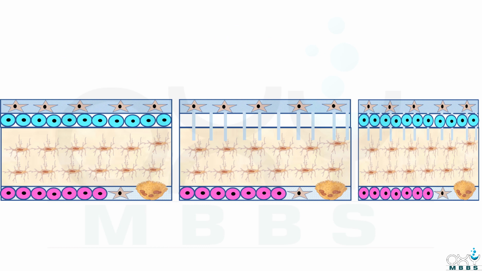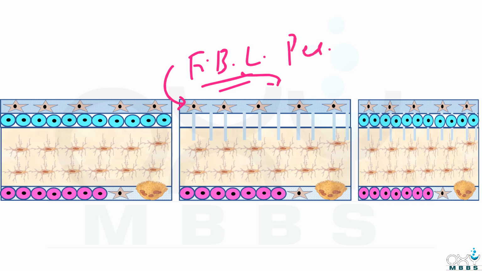Now as you know, this is the fibrous layer of the periosteum, and it contains which tissue?